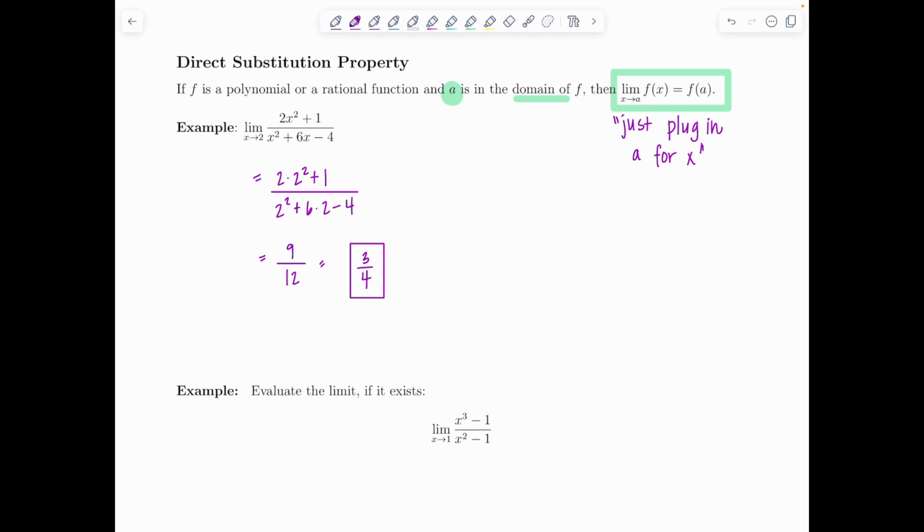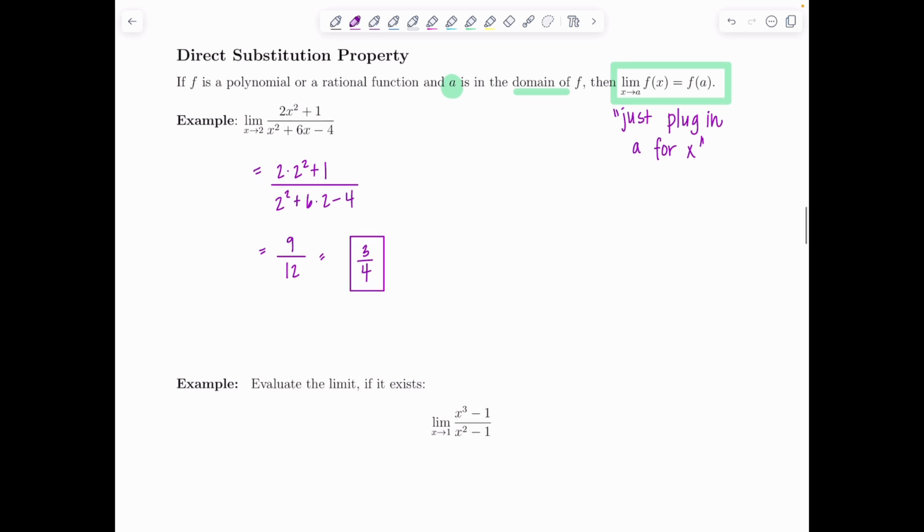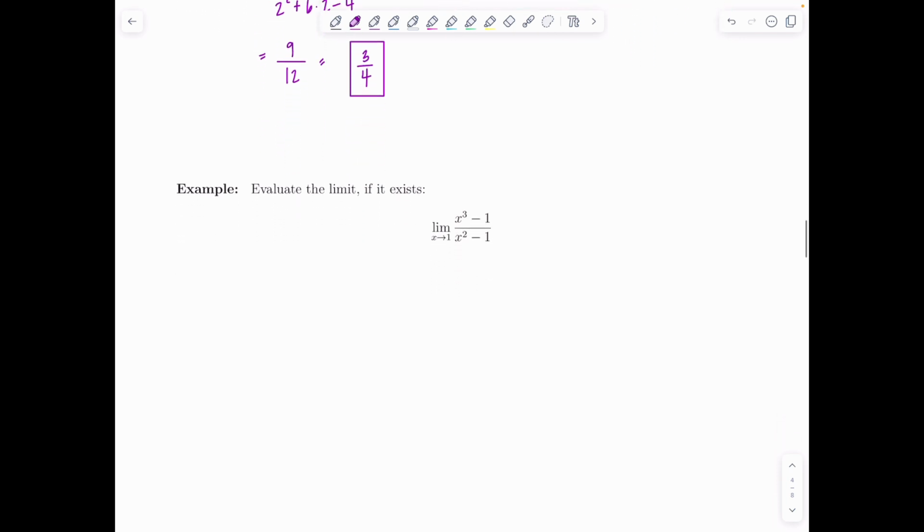Okay, next example. Evaluate the limit if it exists. We have the limit as x approaches 1 of x cubed minus 1 over x squared minus 1. So again, I have a rational function. Let me try to just directly substitute in x equals 1. So we would have 1 cubed minus 1 over 1 squared minus 1.